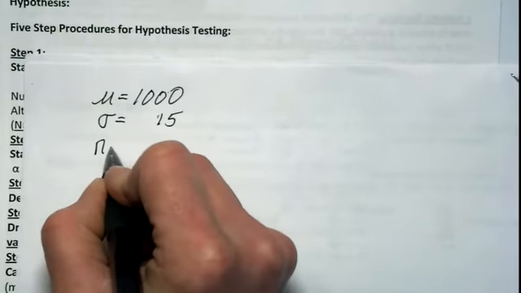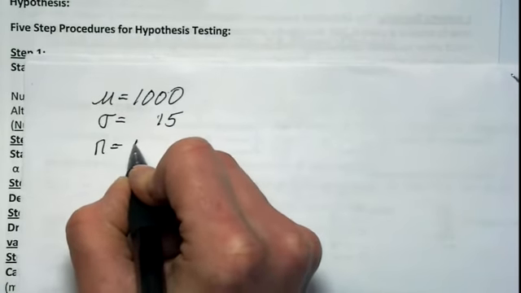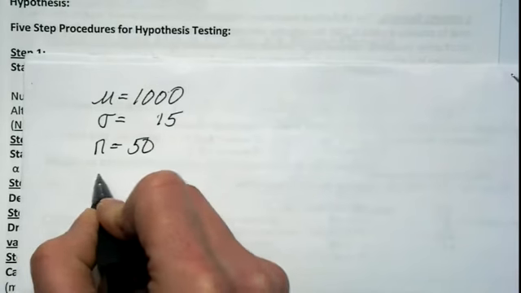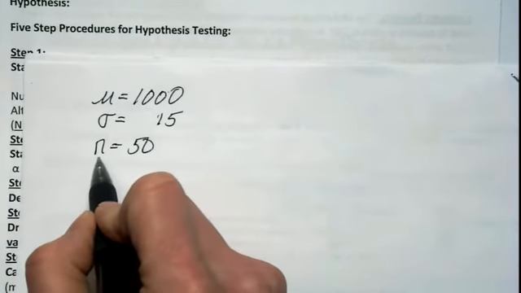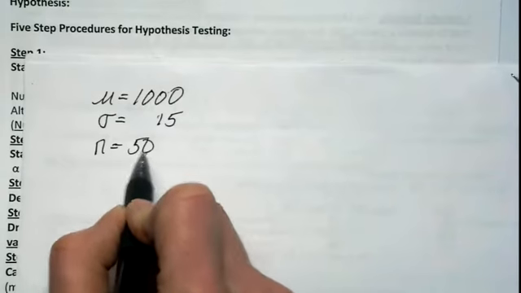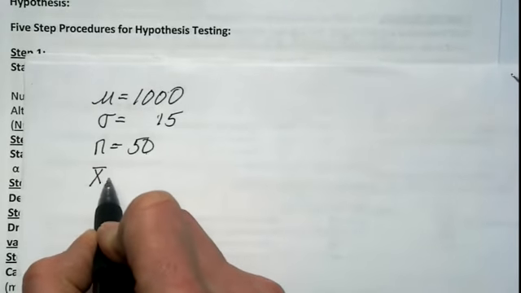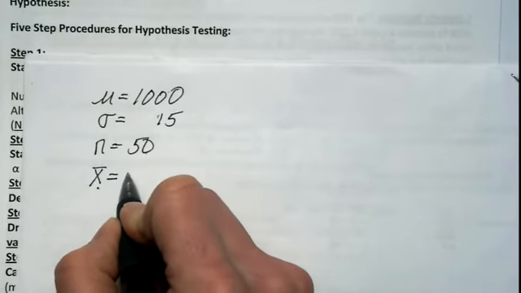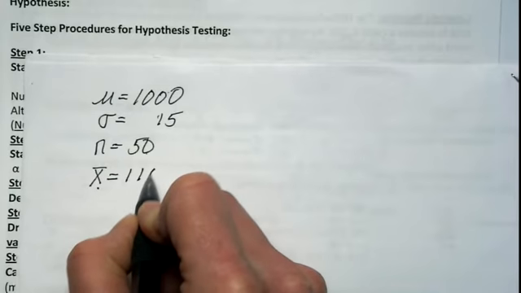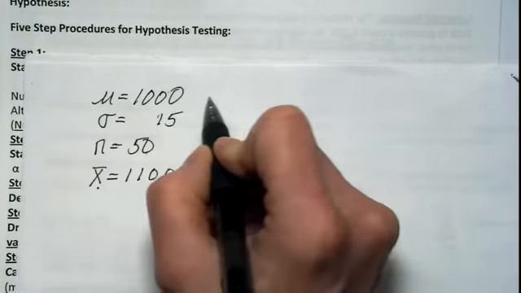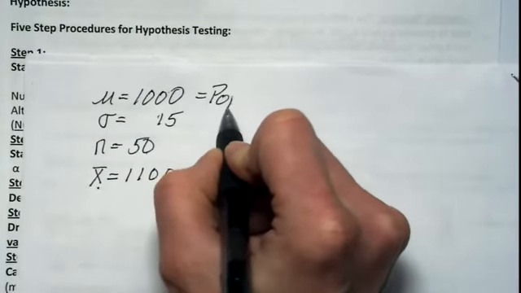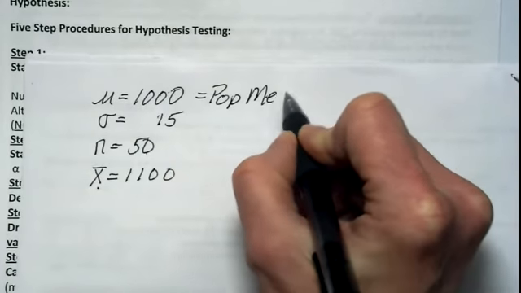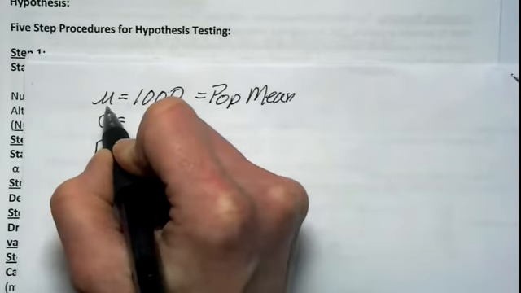Well, I grab a sample of, let's say, 50, after I put in a brand new process, and I find that the sample average is now 1,100. So this is the population mean, which is mu.